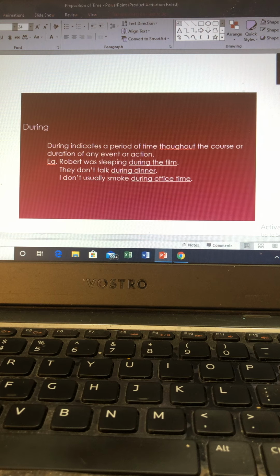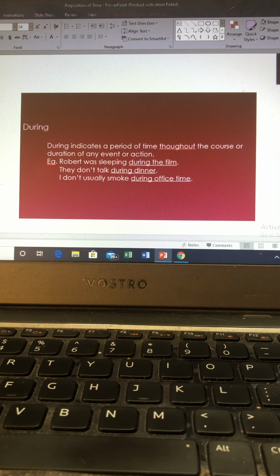So during indicates a period of time, or you can say the duration of any course or event or action. What is the event which has taken place? The action was sleeping. Suppose we used "from" in a sentence: the movie is from 3 to 6 or 6 to 9.